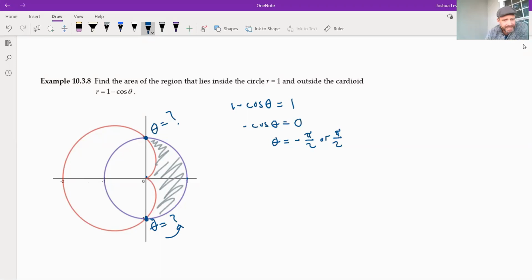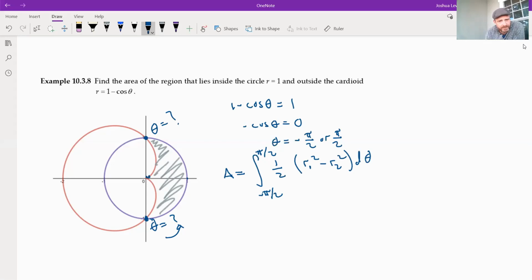All right. That lets me set up my integral, from negative pi halves to pi halves. Now we want to be careful because I've got 2 different functions of theta, and so I need to have my outer minus my inner. Well, which function has larger radii on this interval?